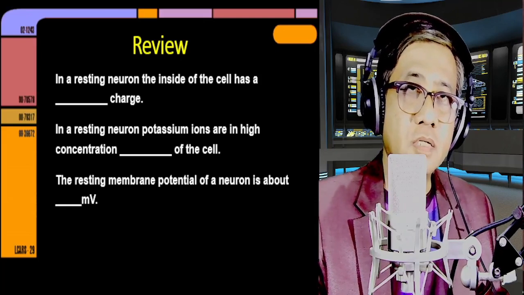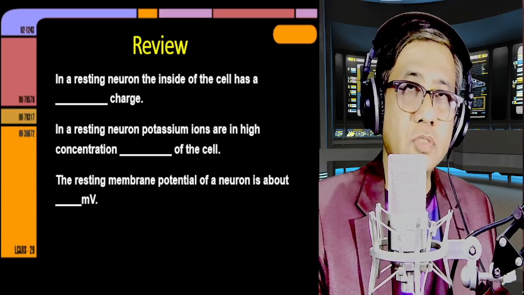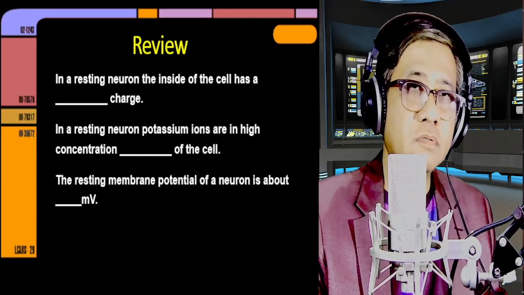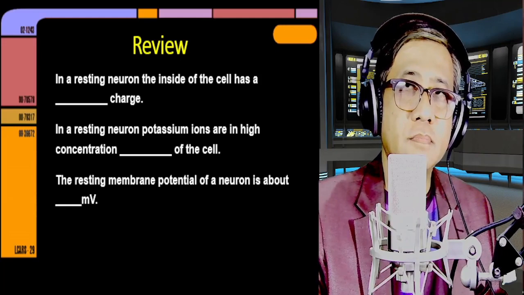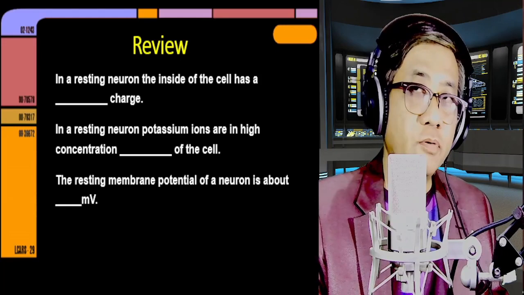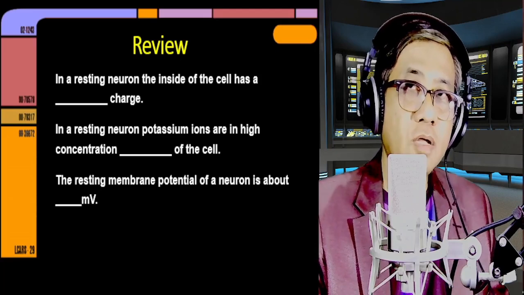Alright, what about the second statement? In a resting neuron, potassium ions are high in concentration blank of the cell. So what do you think? If your answer is inside the cell, then you got it.